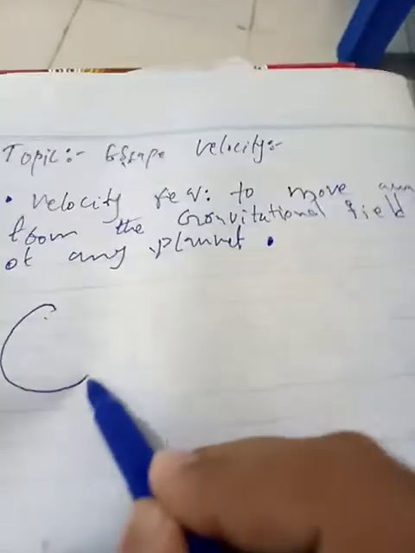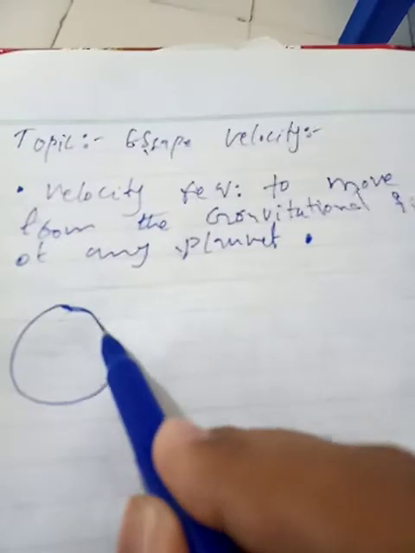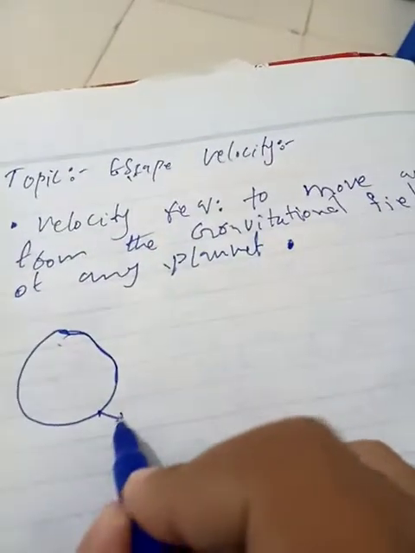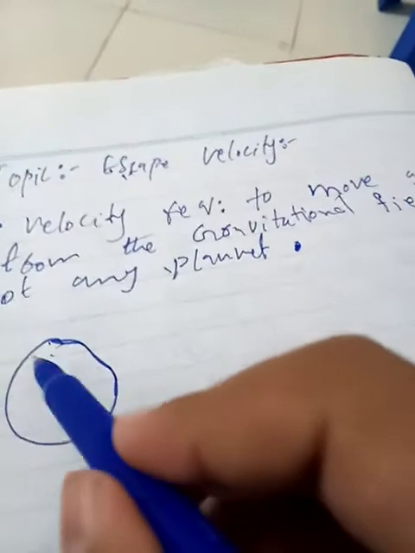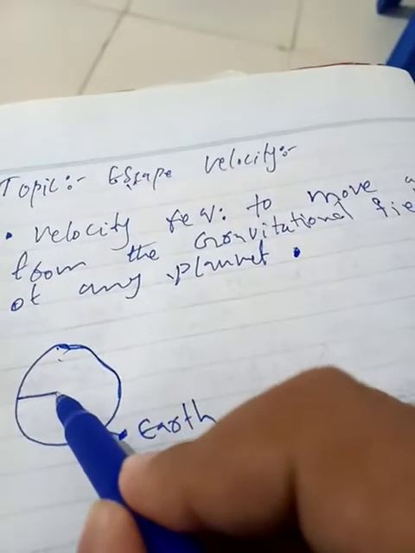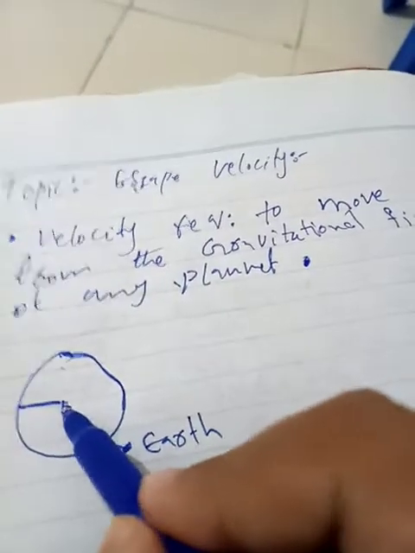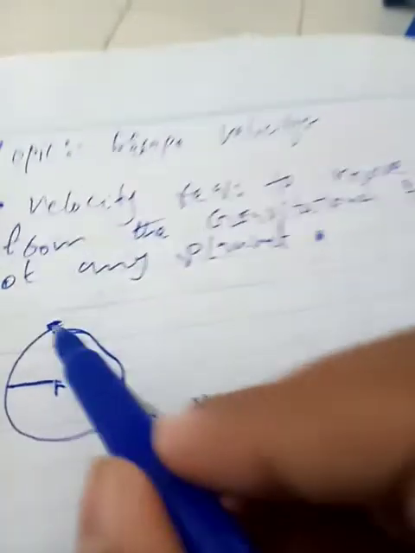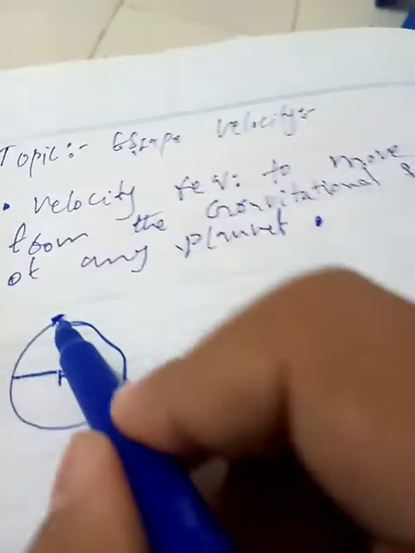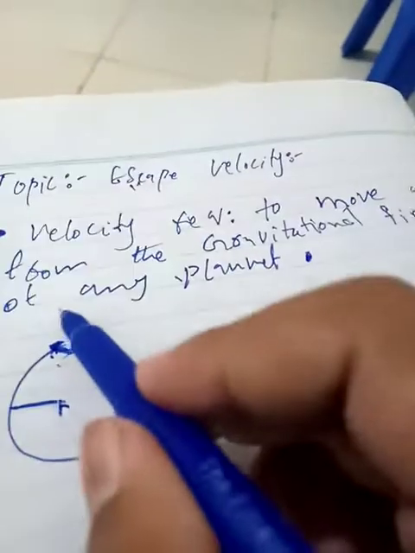I will be clearing this topic by drawing a bit. Okay, so this one is Earth, and the radius is this one. For example, there is a mass on the surface, and we are discussing launching it.